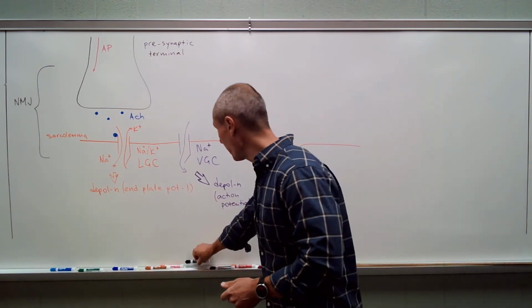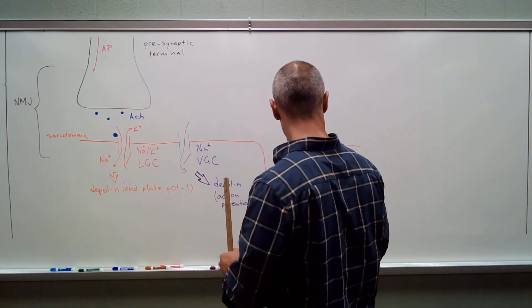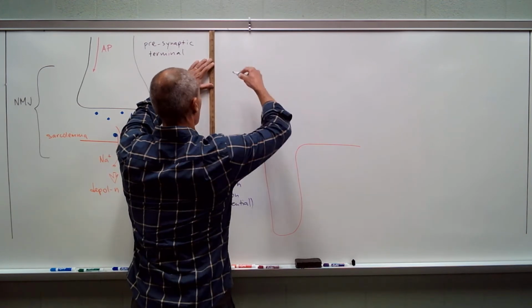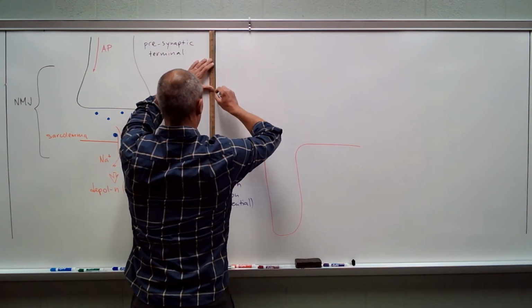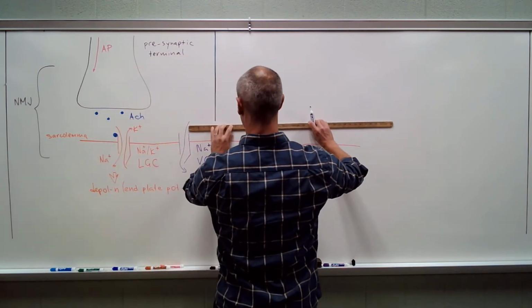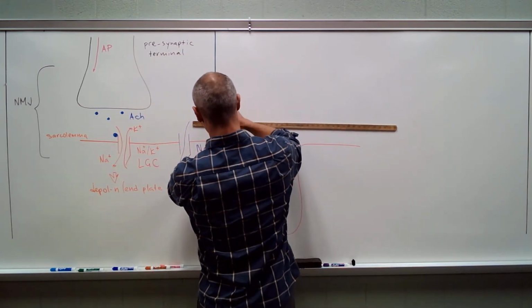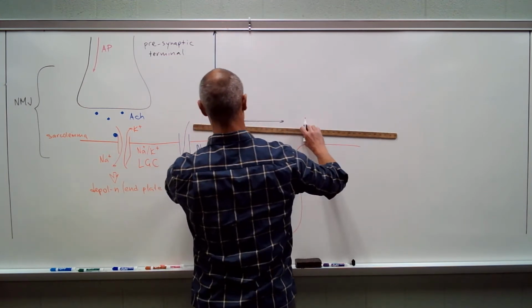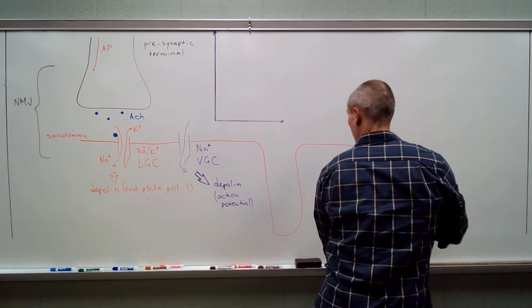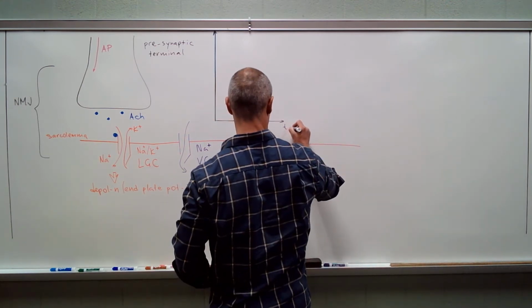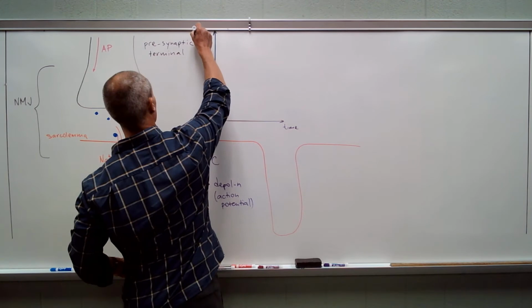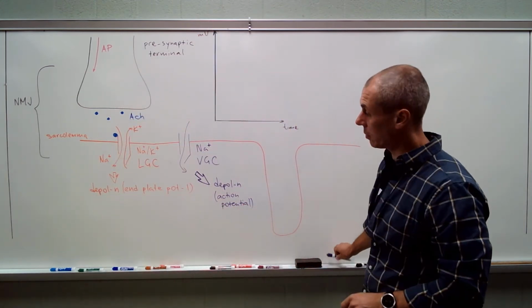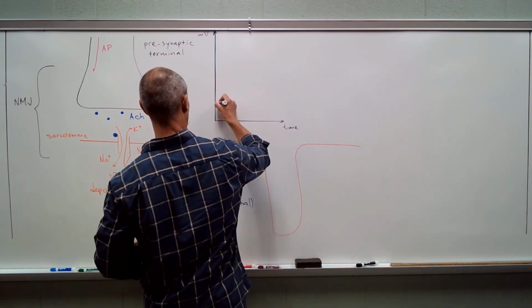So if we wanted to draw a graph, it's going to look very much like what you saw for the nervous system. So you have time and voltage, and you're going to have depolarization here.